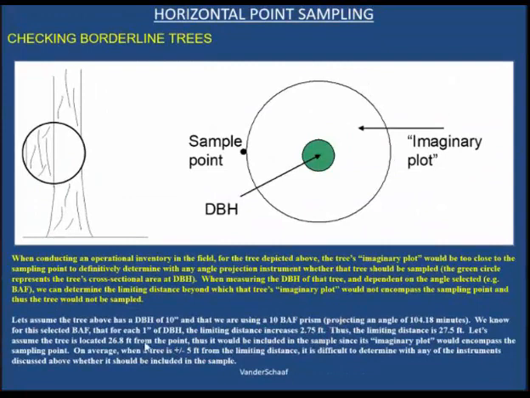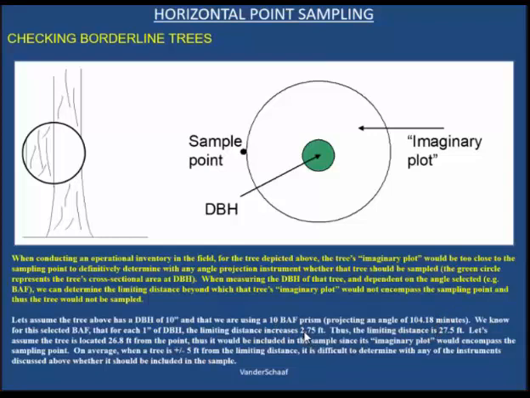Okay, so at that distance from the point, it would probably be too hard to tell definitively with any of the instruments that we have whether it's in or out. So you'd have to measure the distance. You'd have to calculate the limiting distance based on the 10 BAF and the math behind it.